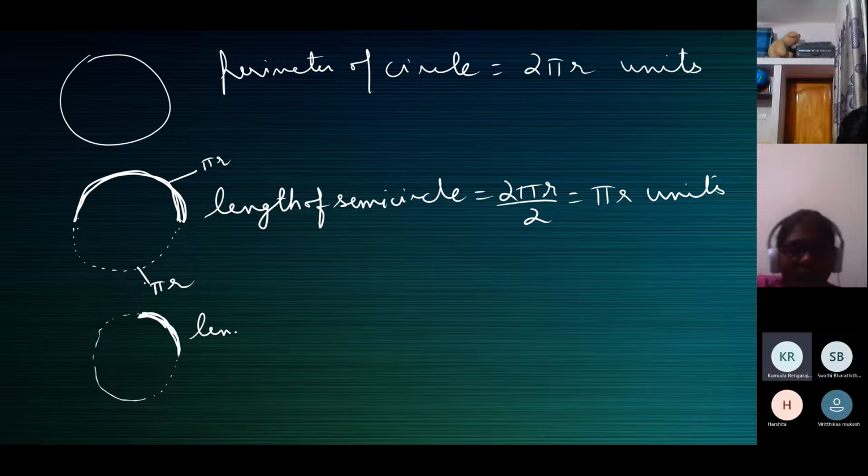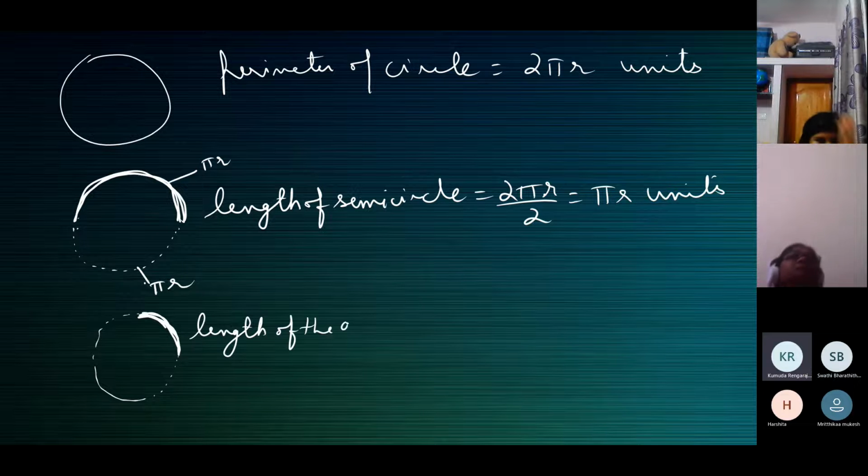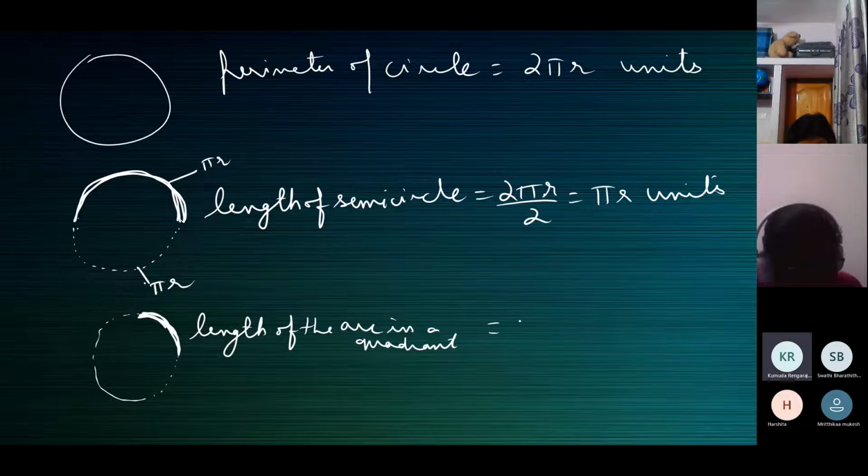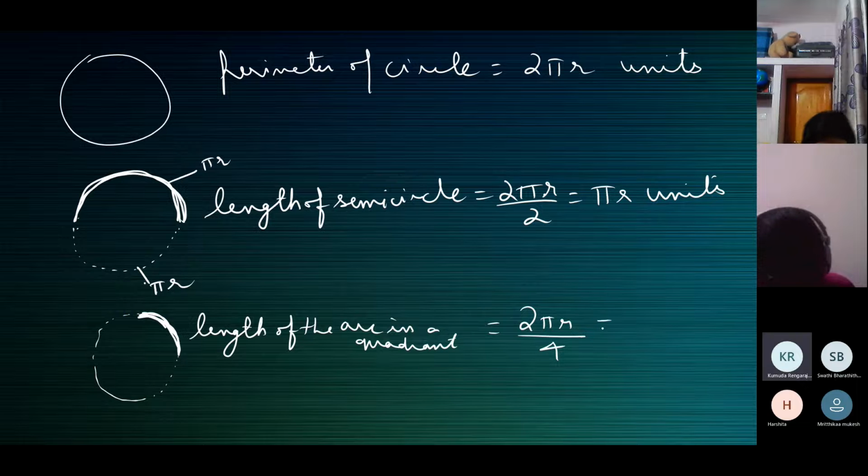So the length of the arc in a quadrant is equal to the total length, 2 pi r, divided by 4, which is pi r by 2 units.